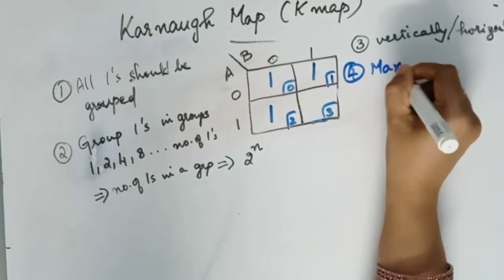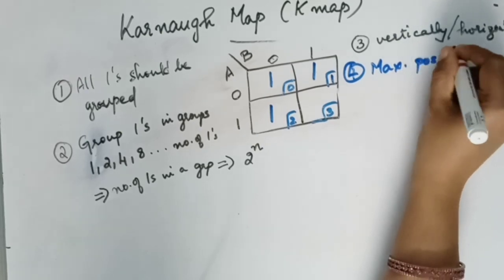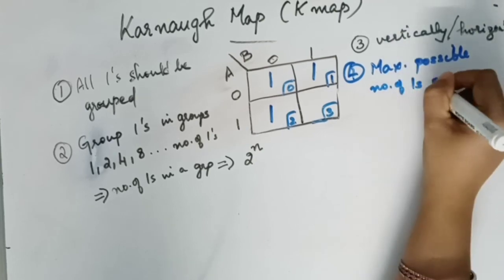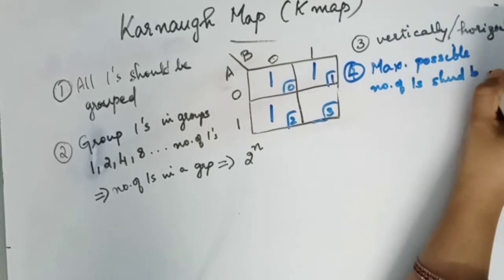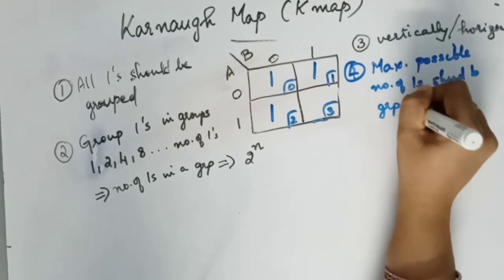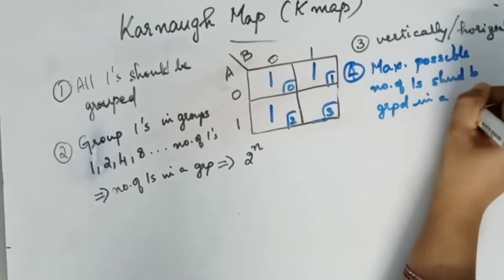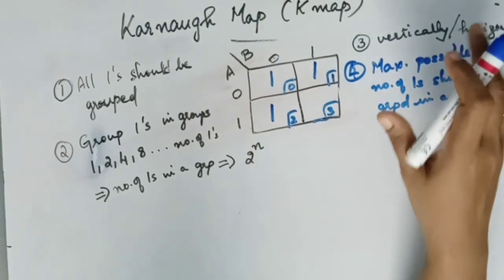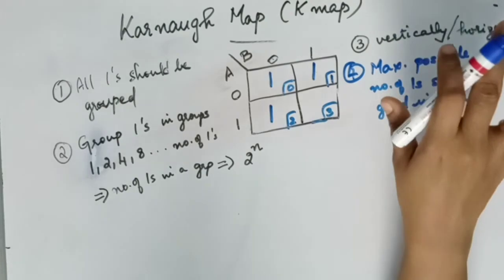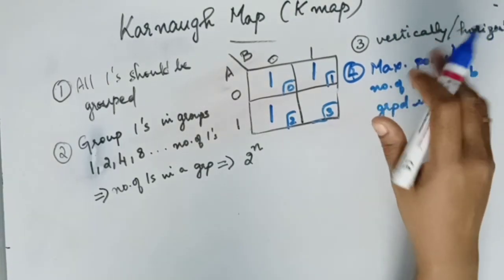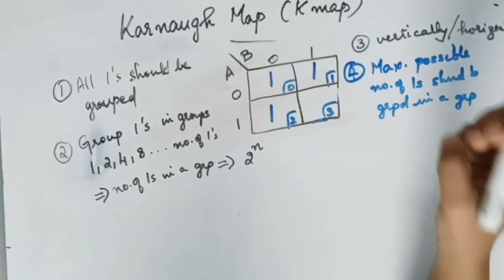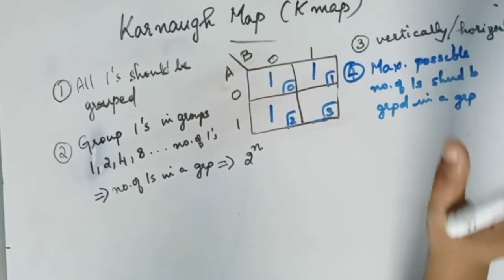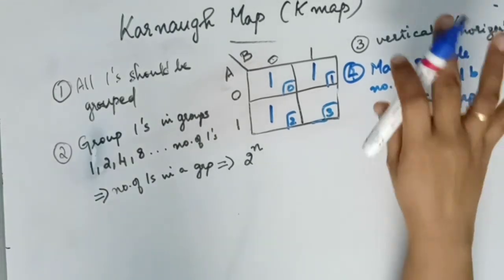maximum possible number of ones should be grouped in a group. So inside a group, if you can group say 8 ones, then you should group 8 ones. You can't just group 4 ones. Okay. The maximum number of, according to the rules, of course. According to the rules, if you can group 4 ones, you should group 4 ones.